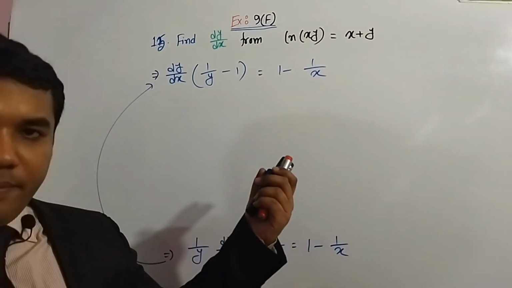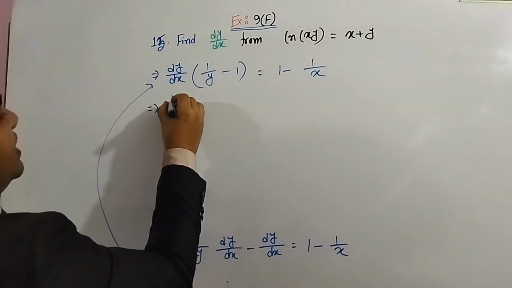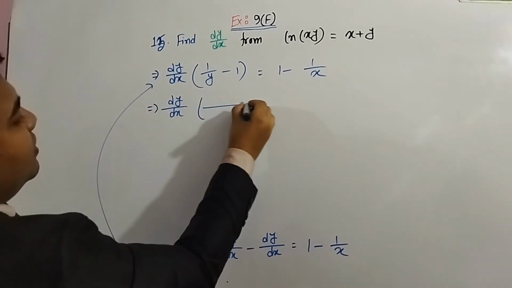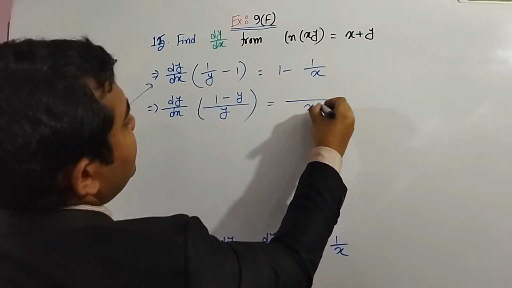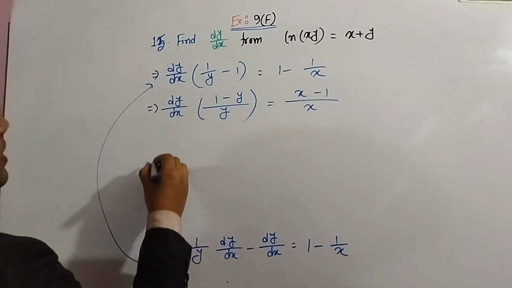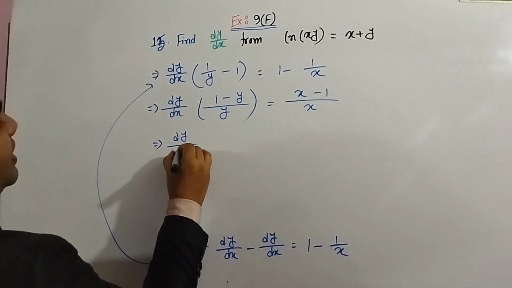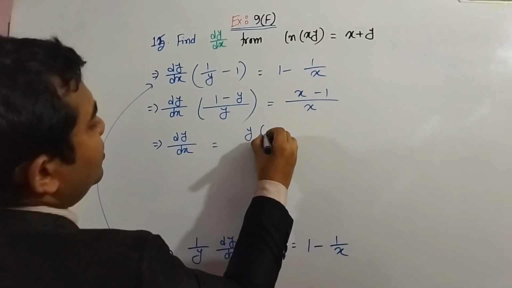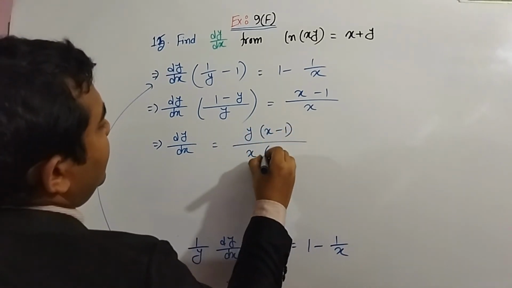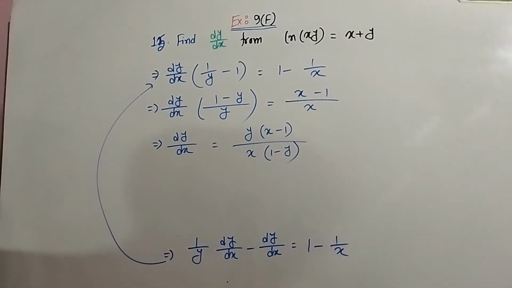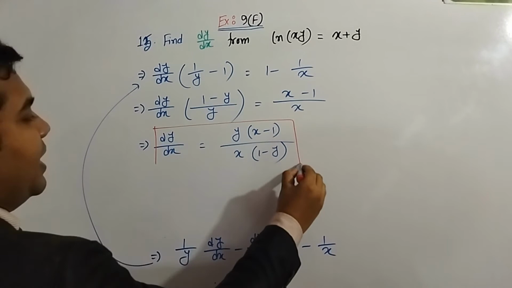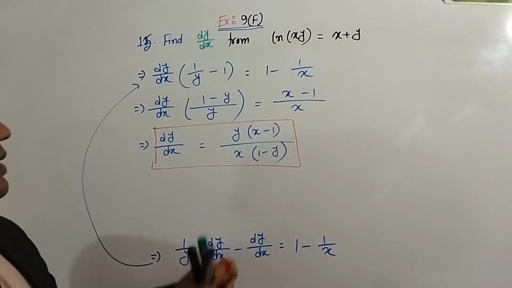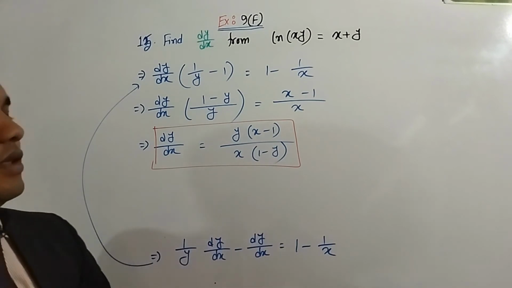Now going for the LCM. If we take the LCM of this part, then what will we get? Here is y, then it should be 1 minus y, and this should be x, so x minus 1, and we'll get dy by dx equal to y into x minus 1 divided by x into 1 minus y.